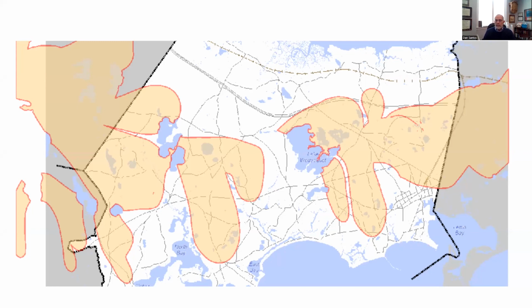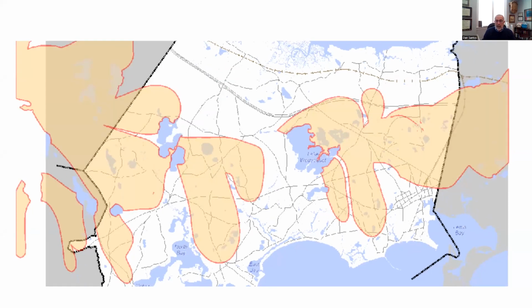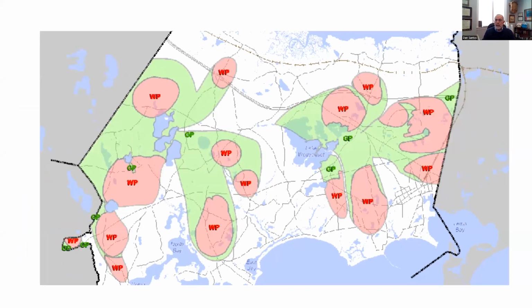And so we have regulations, zoning regulations, that help us to protect these areas. And this is the town of Barnstable's zoning overlay map. And these are areas, the WP stands for Wellhead Protection area.